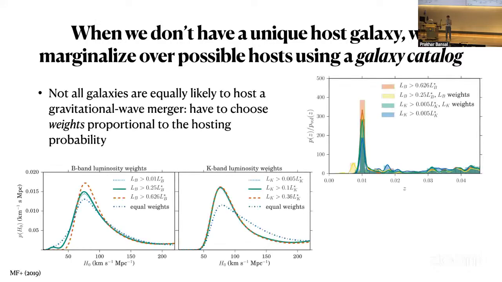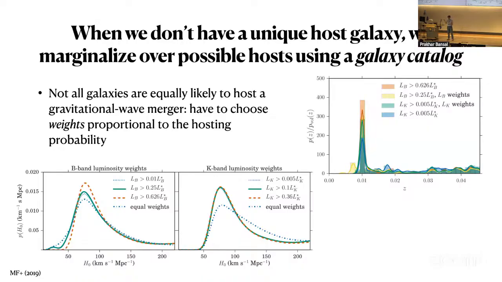There are several complications that we have to deal with when we bring in a galaxy catalog. The first one, which we talked a bit about yesterday, is that you have a galaxy catalog and any galaxy in that catalog could be the host, but probably not all galaxies are equally likely to host a gravitational wave merger, right?